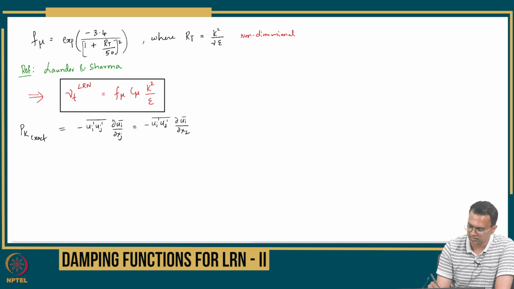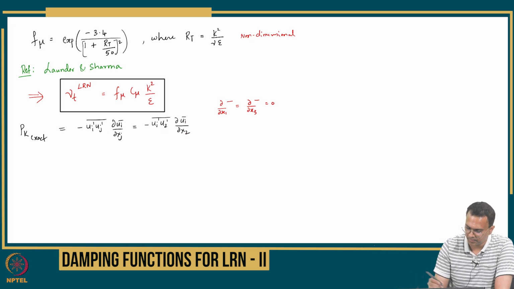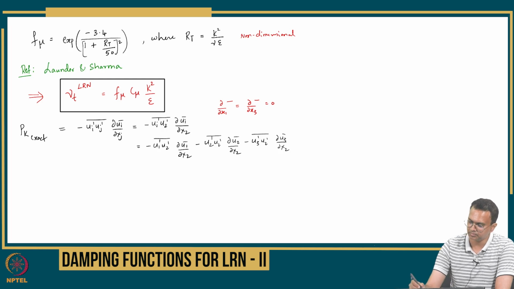Since dou by dou x1 and dou by dou x3 of any statistically averaged terms are 0, statistically homogeneous in x1 and x3, only the x2 term survives here, dou by dou x2 of ui bar, which if I expand, I get a sum of 3 terms: minus u1 prime u2 prime dou u1 bar by dou x2, minus u2 prime dou u2 bar by dou x2, minus u3 prime dou u3 bar by dou x2. Again u2 bar and u3 bar, these two mean velocities are 0 for a fully developed flow.